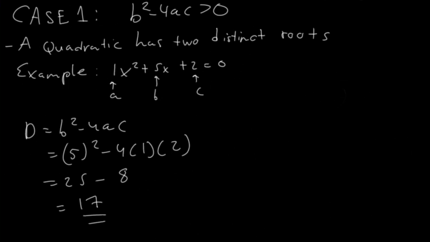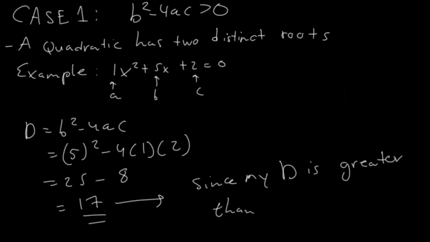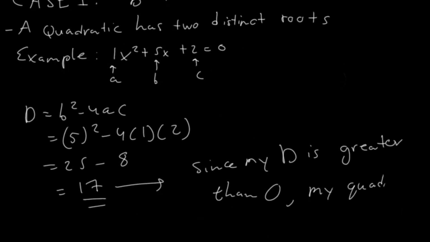So now we found our discriminant value, and since my d value is greater than 0, my quadratic is going to have 2 distinct roots. And that's going to be our first case.